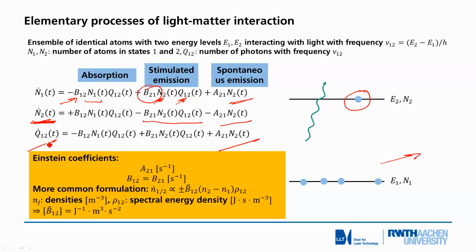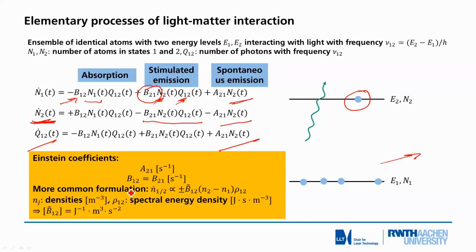For symmetry reasons, B21 is exactly the same as B12, and A21 is of course only meaningful from the second to the first level, from the upper to the lower level, because there's no spontaneous absorption of photons.